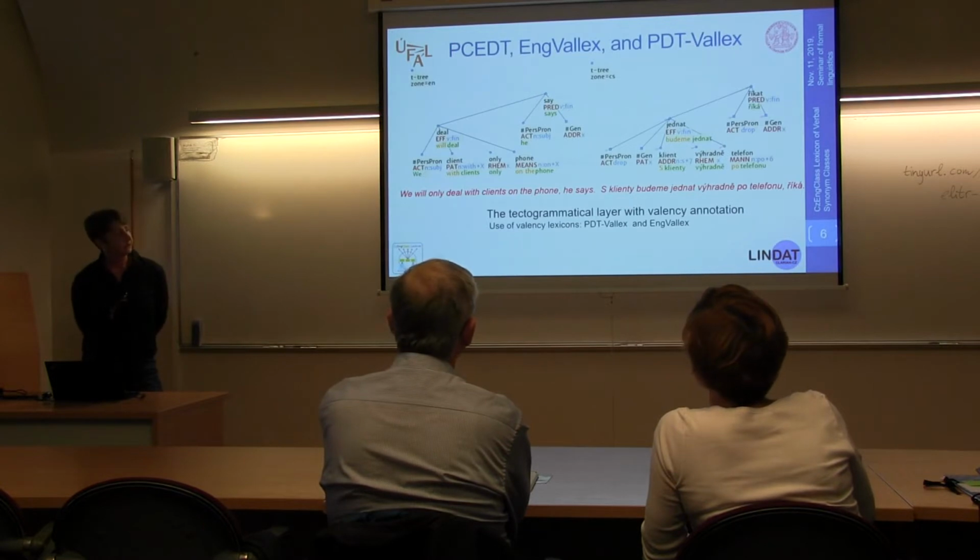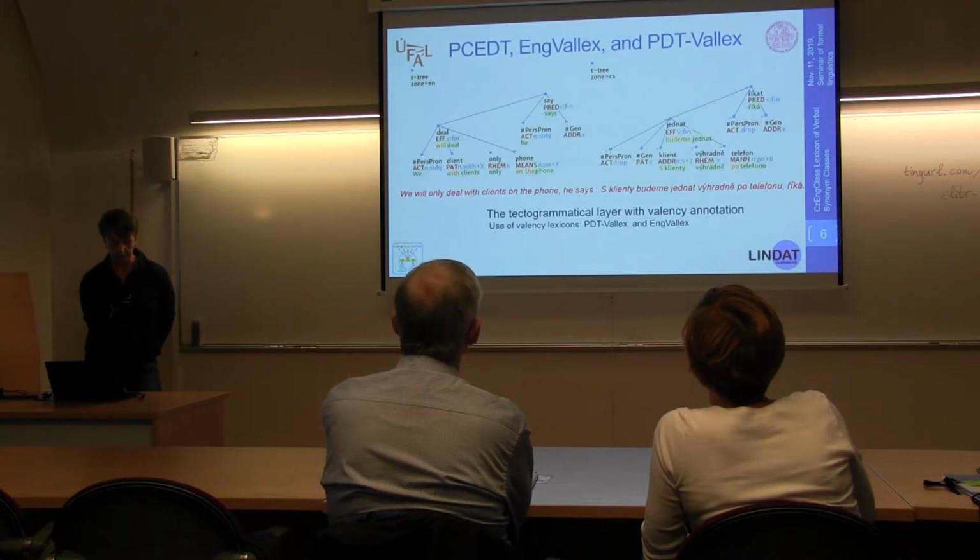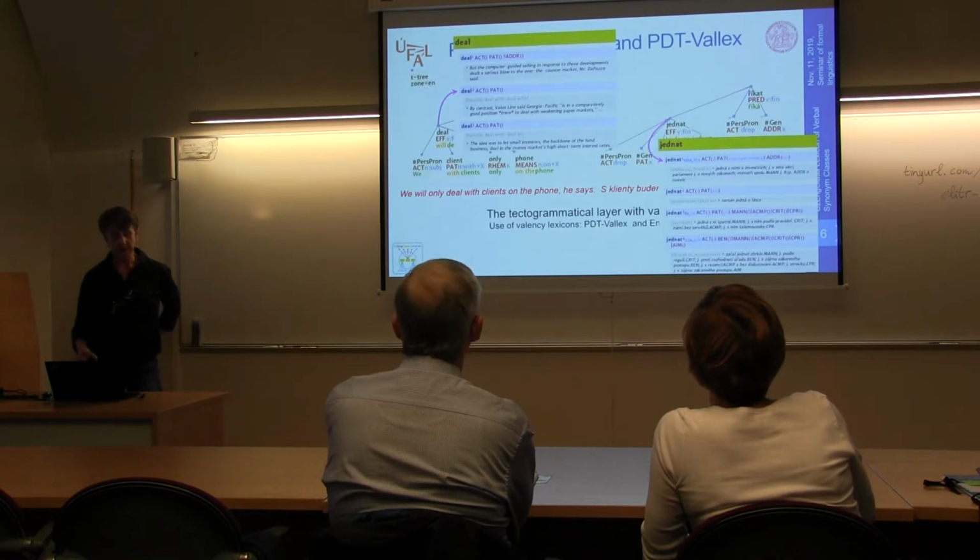Just to give you an idea how the annotation of the sentences in the Prague Czech-English Dependency Treebank looks like. Here you see on the left-hand side the English sentence and its tectogrammatical annotation. On the right-hand side is the Czech sentence with the tectogrammatical annotation, and at this tectogrammatical layer, where the valency belongs, we use the appropriate valency lexicons for annotating the senses.